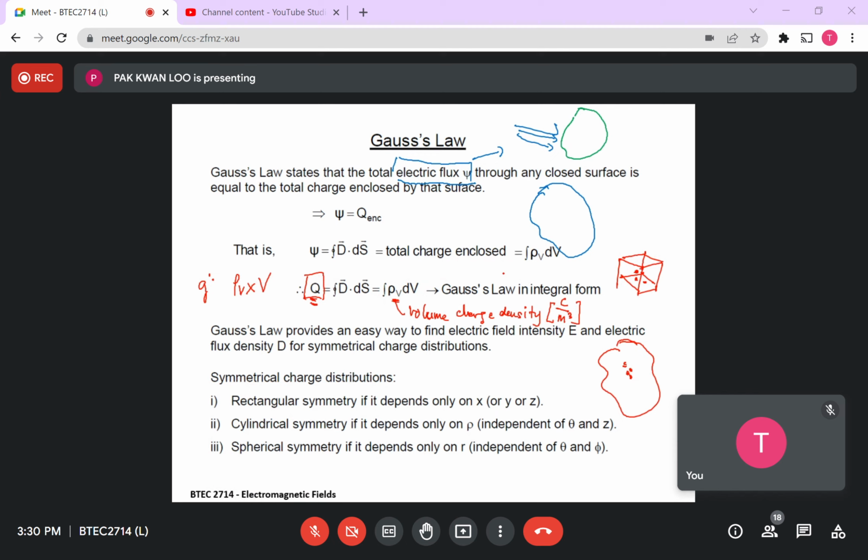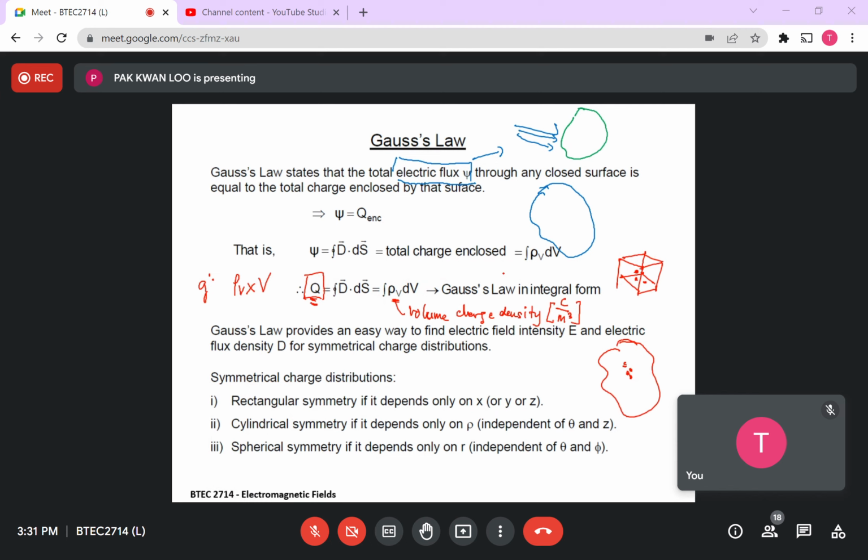If it's not symmetrical, then we are going to apply another mathematical tool, and of course, this tool will be based on our knowledge about Maxwell. In this chapter, I will try to lead you to the formulation of the Maxwell equation.